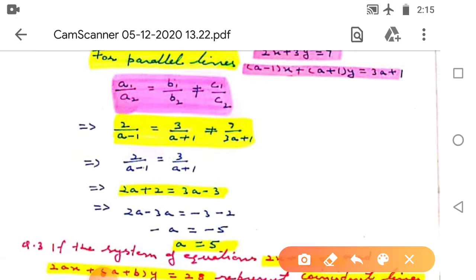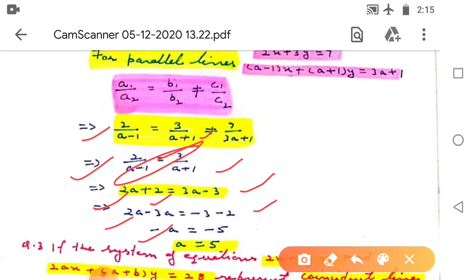Taking first two equalities, here 2 upon a minus 1 is equal to 3 upon a plus 1. Now cross multiply, 2 into a plus 1 becomes 2a plus 2 and 3 into a minus 1 is 3a minus 3. Okay, so 2a minus 3a is equal to minus 3 minus 2.